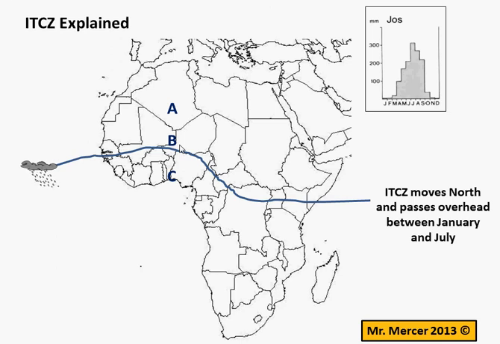So your marks here can be scored by saying, when the ITCZ arrives, it does bring rain, however not as much rain as in Lagos because the tropical maritime air mass has lost a lot of its moisture. And you can say that Jos has much less rainfall for the other months of the year because it is at those times covered by the tropical continental air mass, which is a dry air mass.